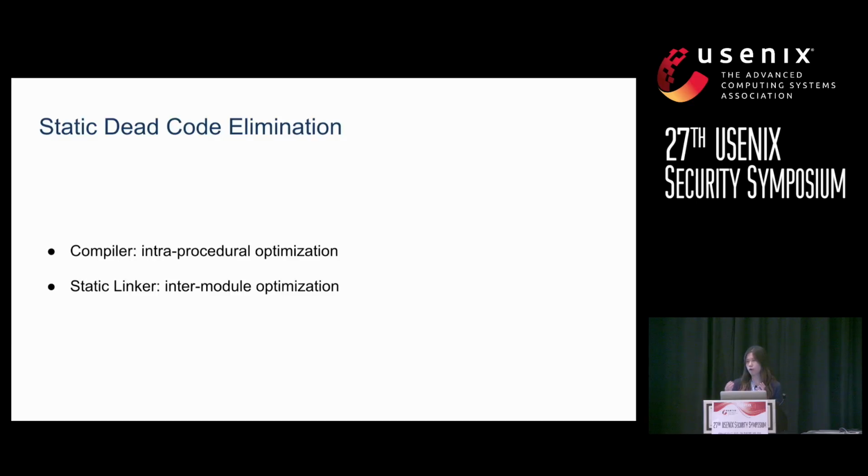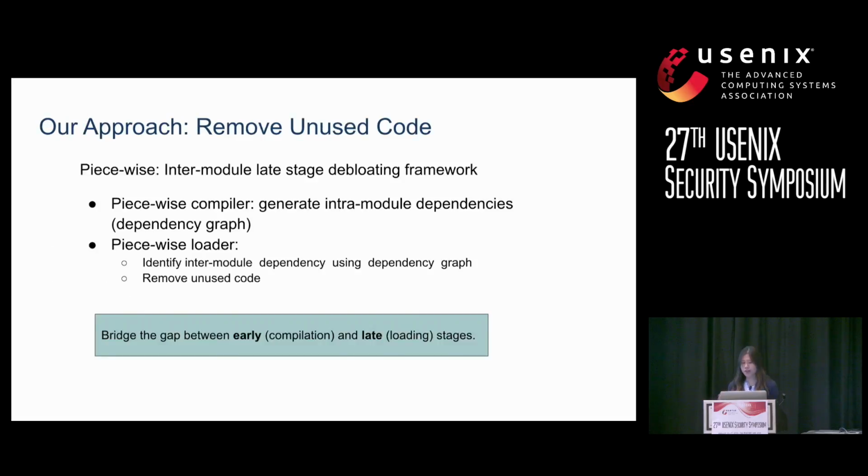However, we observe that there is information only available to the loader at the later stage about the dependencies between the program and the shared libraries, and between the shared libraries that the program uses. So taking advantage of that information, we aim to bring dead code elimination to the later stage to perform aggressive debloating for the program. That is our approach.